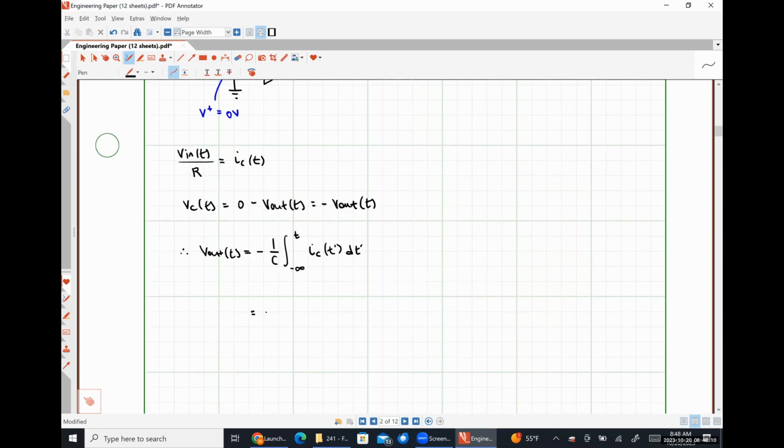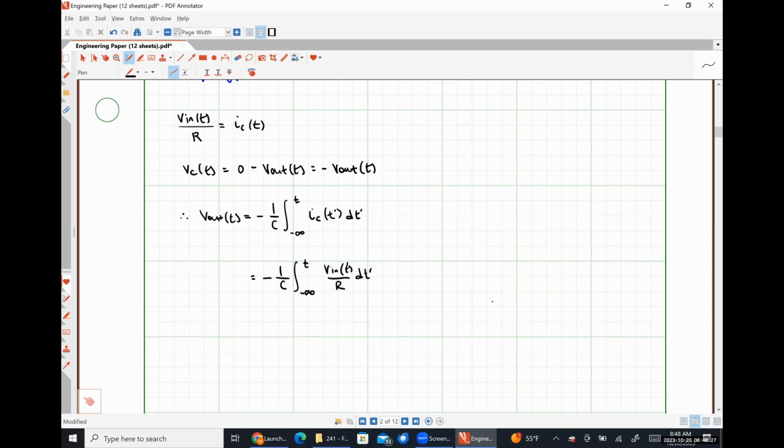Substituting in my relationship for IC of t, I will have Vn of t prime divided by R, dt prime. And finally, since my resistance value is a constant, I will just have negative 1 over RC times the integral from negative infinity to t of my input voltage with respect to time.